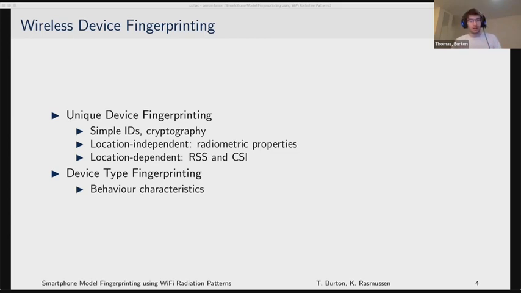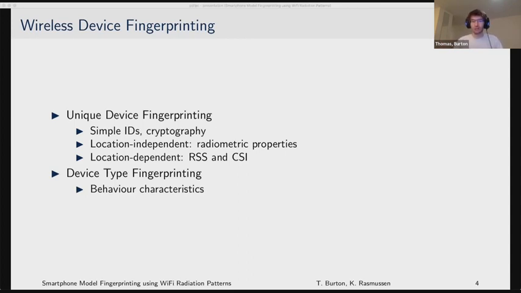Then there are 2 types. If we want to look at the actual properties of a signal or properties that we're able to measure, we can look at 2 kind of different methods. So we can have location independent techniques or location dependent techniques. And so with the idea of location independent techniques, wherever a transmitter is that you're trying to identify, the location of it shouldn't matter.